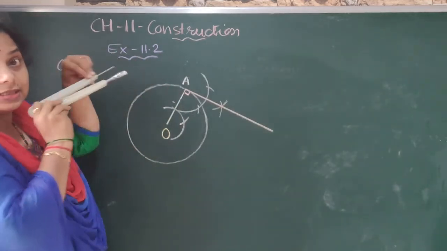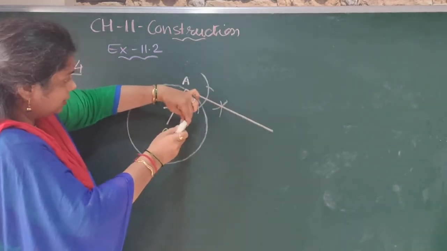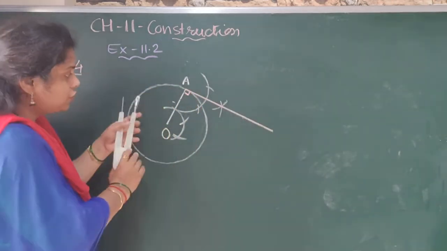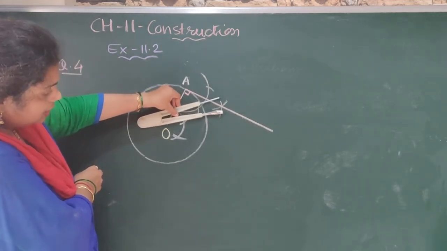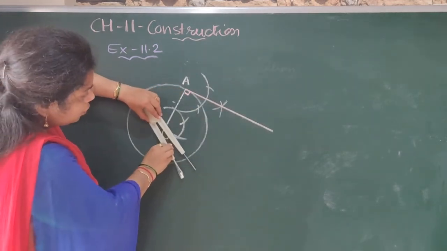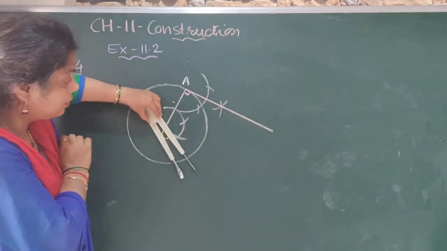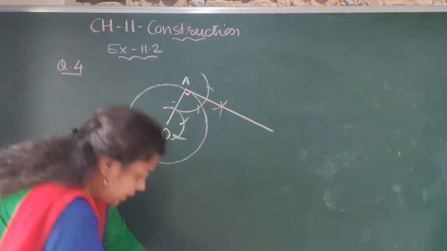The first arc is 60, the second arc is 120. So if we join O to this point, the first is 60, and O to this point, this is 120. So we got angle O as 120.